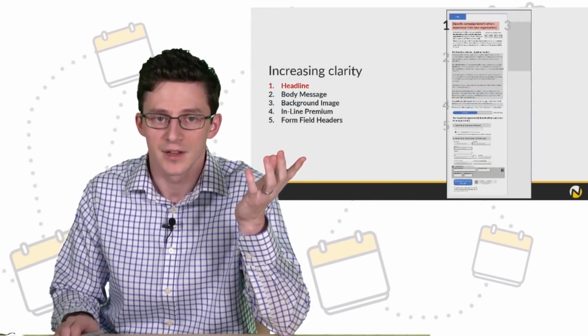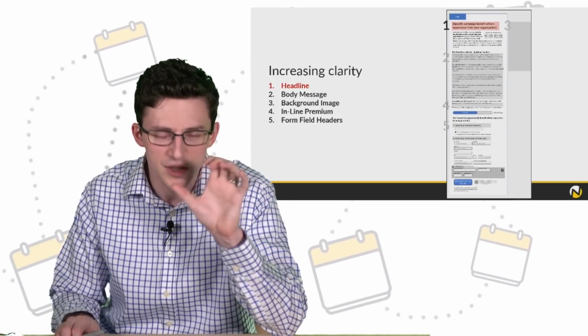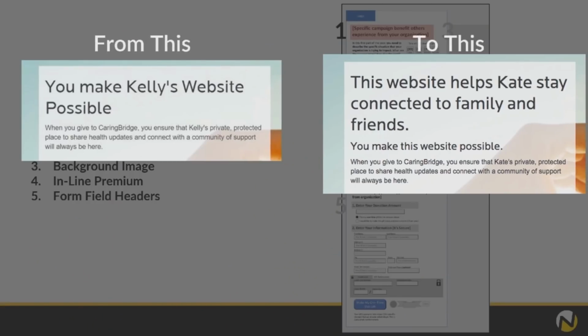Here's another version. Sometimes it's not necessarily about where am I at, really specific. Sometimes it's just clarity in what I'm being asked. You make this person's website possible, or this website helps them stay connected to family and friends. You make this possible. So sometimes that means clarifying the effect of what you're doing, the value that you add, the impact that you're having.